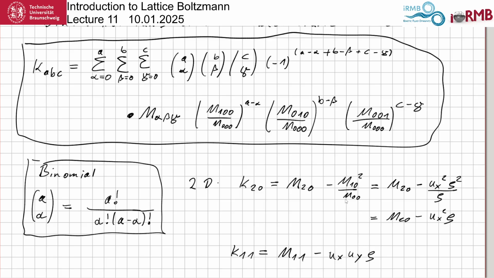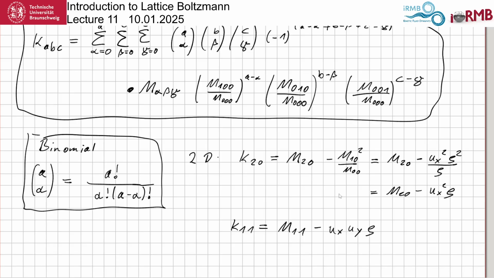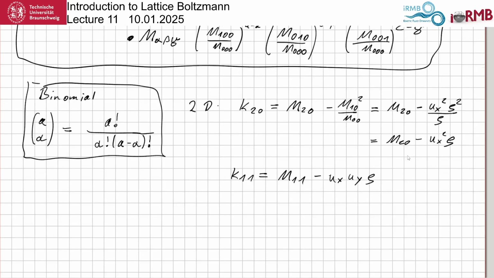So actually for M20 it's not. This is actually what I wanted to continue with. What is M20 equilibrium? M20 equilibrium has two components. It's UX squared, and then you remember that there is this temperature, theta.